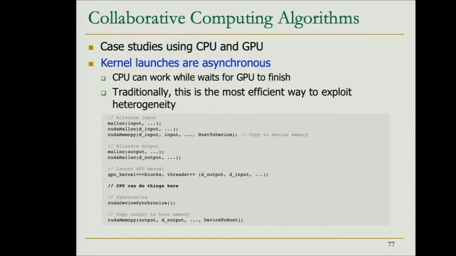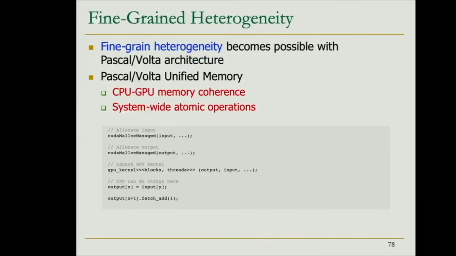And this is an example of what I told you before. In the traditional model, if you want to partition these vectors and do some computation on the CPU, the CPU can do some things here, but it's not actual fine-grained collaboration.